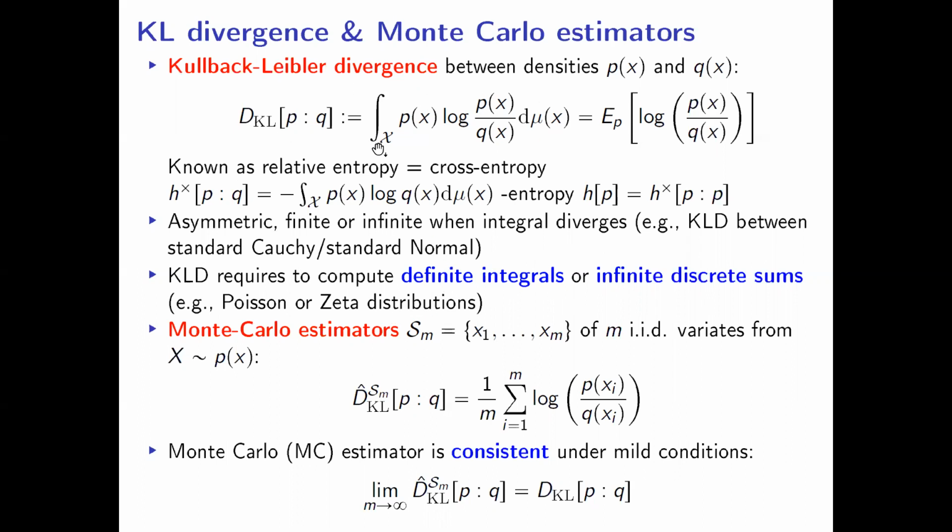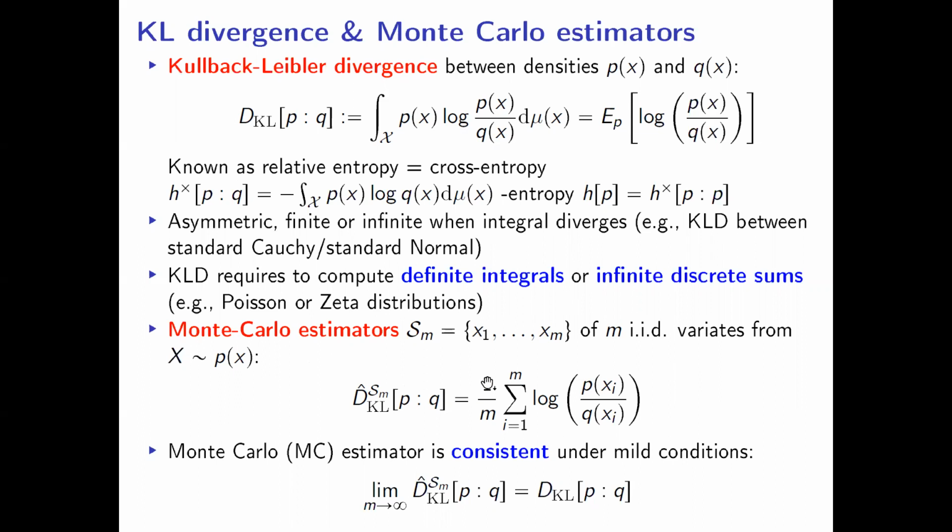So in practice, when you don't have a closed form solution, what you do is you estimate the KLD quantity by some Monte Carlo stochastic integration. That means that you take x1 to xm, which are IID samples from P of x, and you replace this integral by a sum where you divide by m.